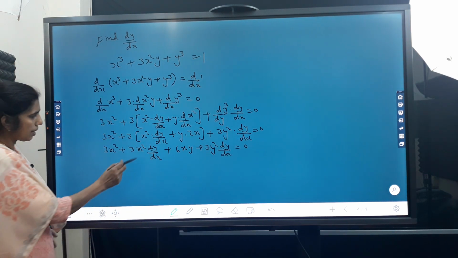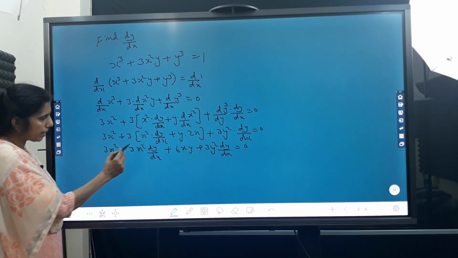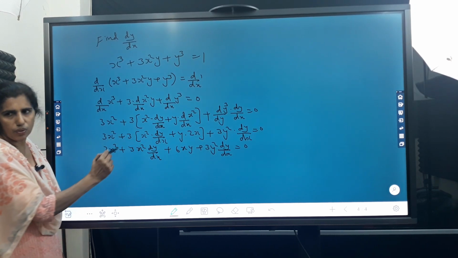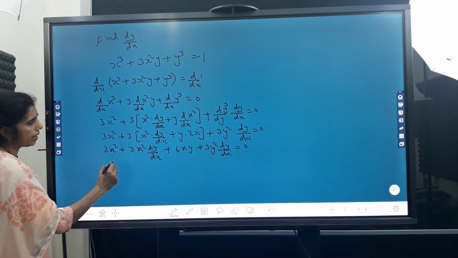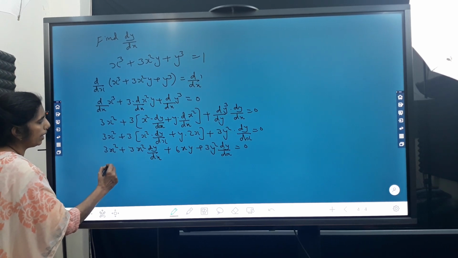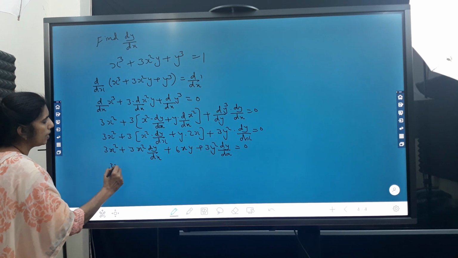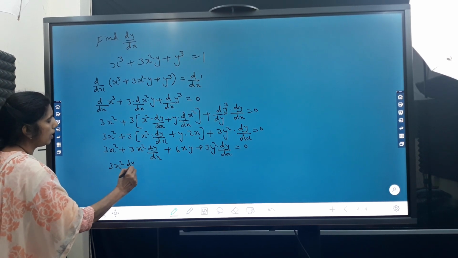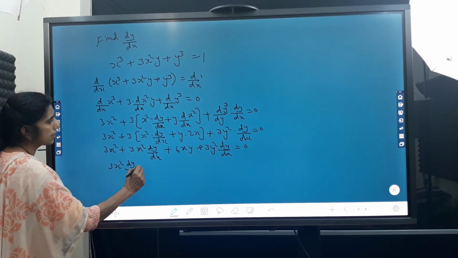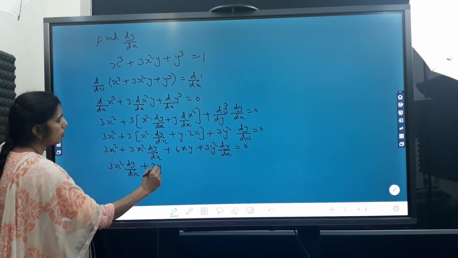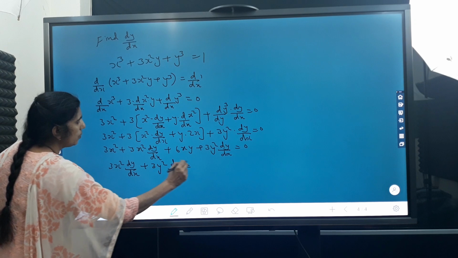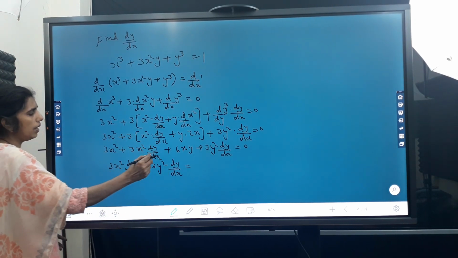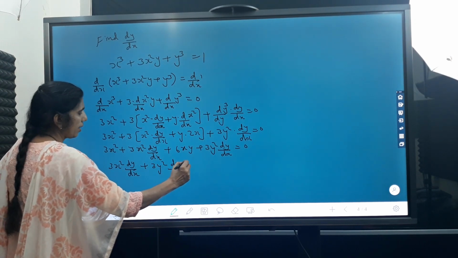We can see that some terms are with dy by dx and some terms are without dy by dx. So we take the terms with dy by dx together on the LHS. So we have 3x square into dy by dx plus 3y square into dy by dx equal to, take the terms without dy by dx on the RHS.